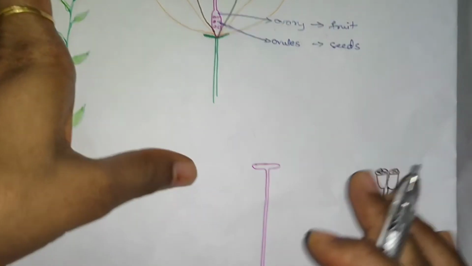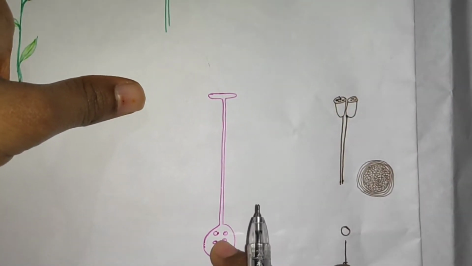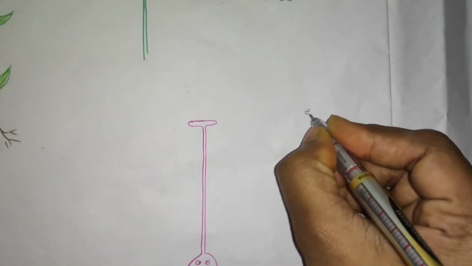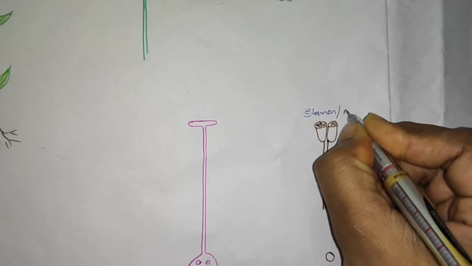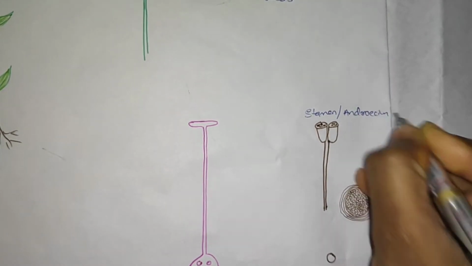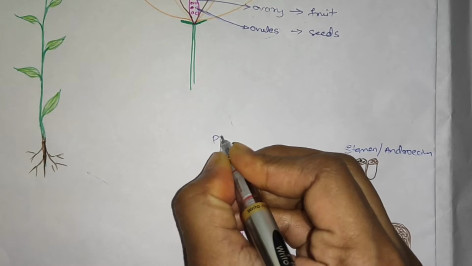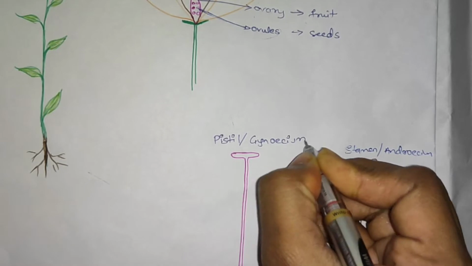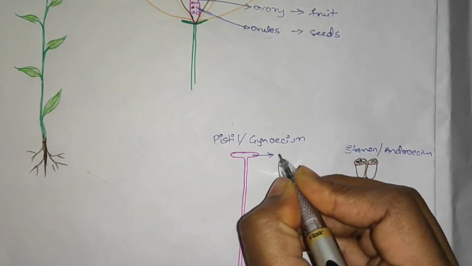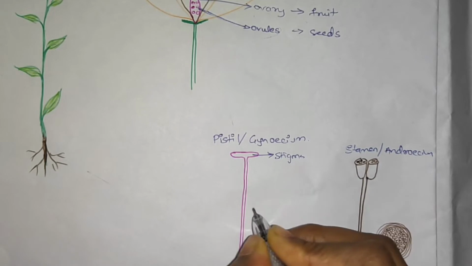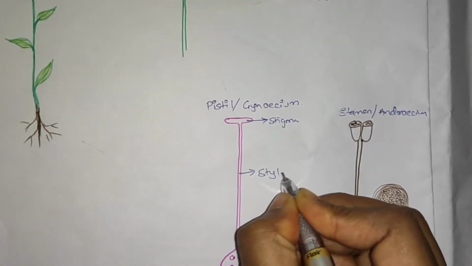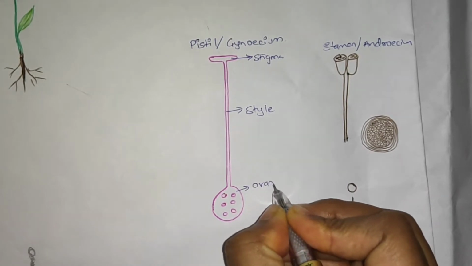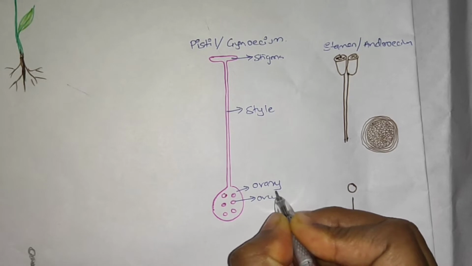Now we are coming to the male reproductive structure and female reproductive structure. The male reproductive structure is known as stamen or androecium. The female reproductive structure is known as pistil or gynoecium, which has a stigma at the terminal end, a long tubular style, and at the base a swollen ovary which has one or many ovules.